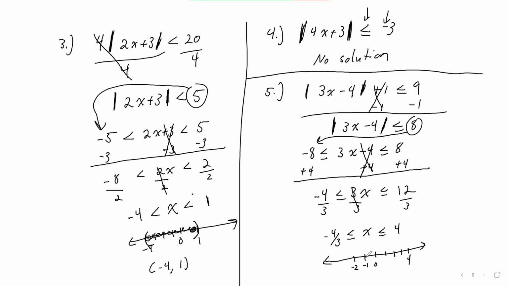So it's going to be between negative 1 and negative 2. So will I put a parentheses or a bracket? So I'm going to put a bracket roughly somewhere in the ballpark between negative 1 and negative 2. I'm coming to my 4, put a bracket, and then shade in the middle. And therefore, then my interval notation would just be bracket negative 4/3, comma, 4.